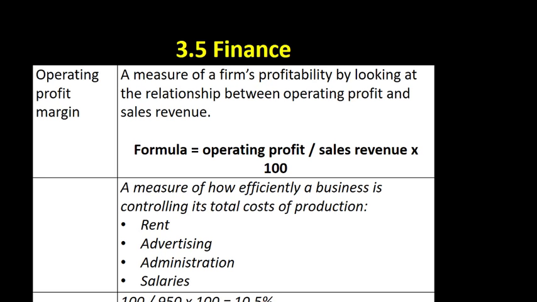Now again, is that any good? Well, if you look at the past performance of the organisation and what their competitors are doing, that will give you a better indication of whether this is any good or not. But obviously we're looking for the highest figure we possibly can here. We want to make as much profit as we can on that revenue that we take in.